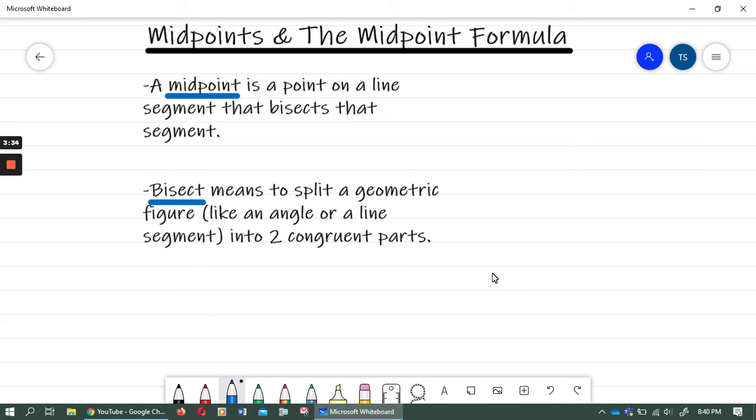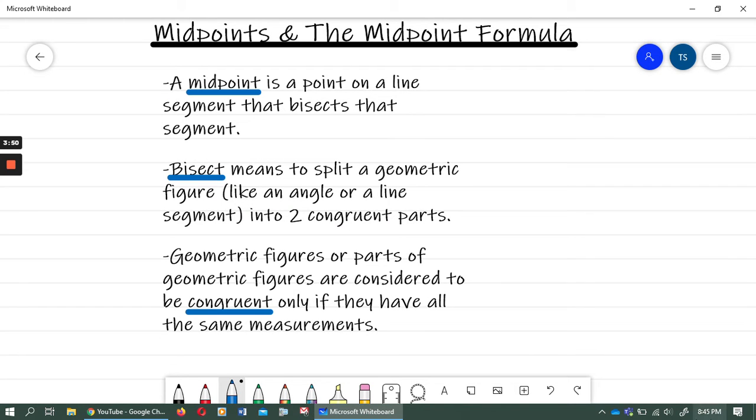So again, folks, geometric figures or parts of geometric figures are only considered to be congruent if they have all of the same measurements.